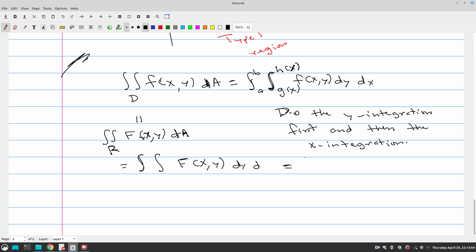Since the integration is over R, x goes from a to b and y goes from c to d, and of course we should be able to write this as the integral from a to b, c to d of F(x, y) dy dx.